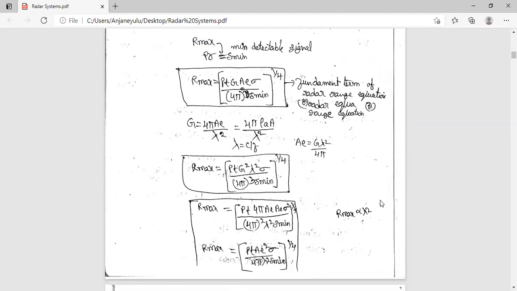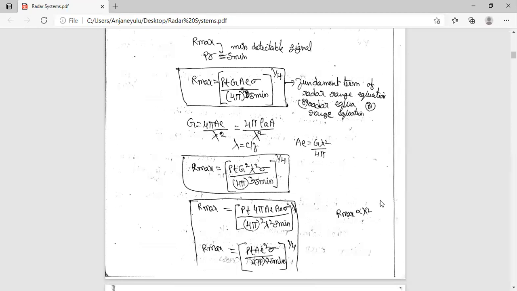See here, at the starting time of the derivation we considered an isotropic antenna, and the gain is capital G. That gain G equals 4 pi into A_e by lambda squared, where A_e is the effective aperture. What portion of the antenna is used to receive the reflected signals? That is the effective area.